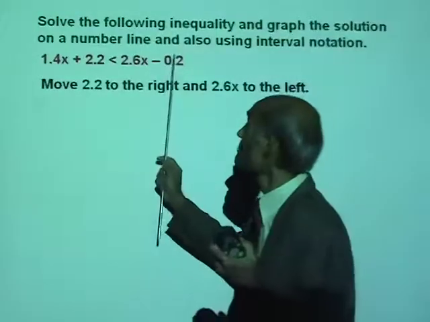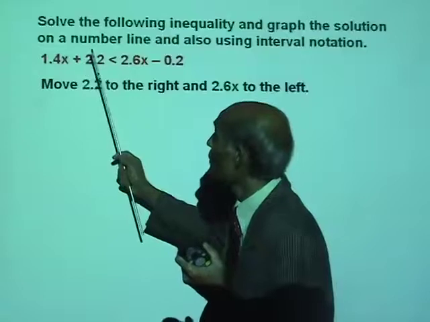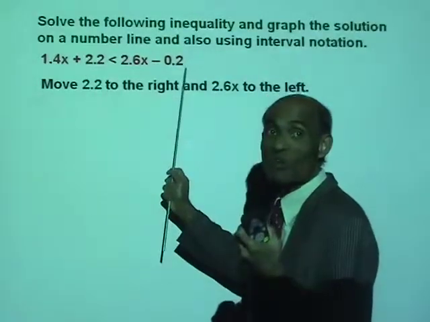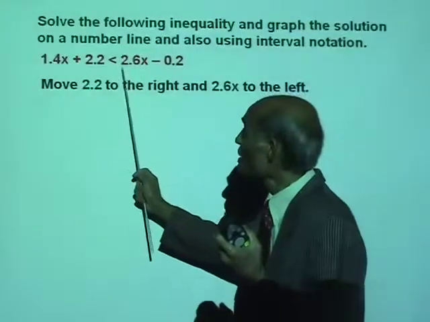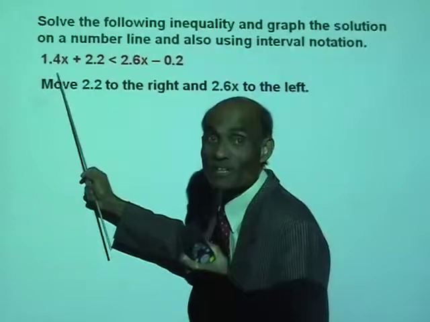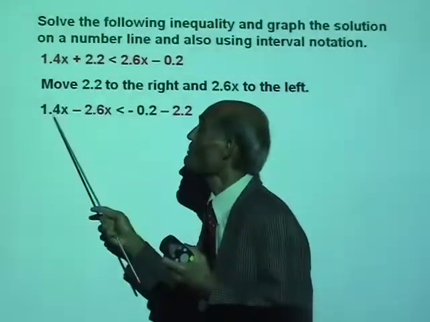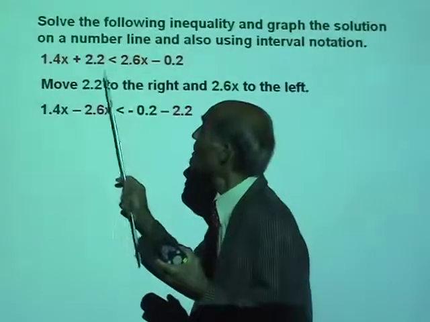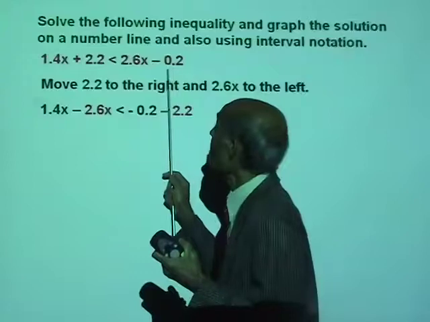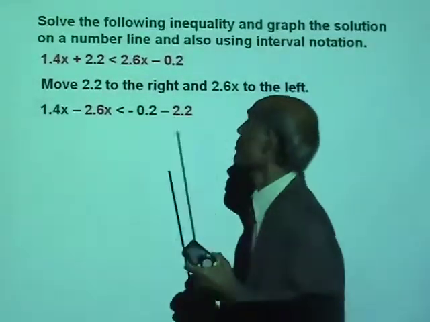We move the number 2.2, positive 2.2, from the left to the right. It will become negative 2.2. And 2.6x, we move it from the right to the left, it will become negative 2.6x. Look at this. 1.4x minus 2.6x less than negative 0.2 minus 2.2.